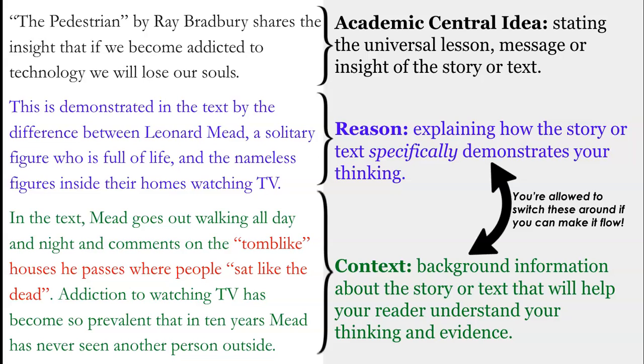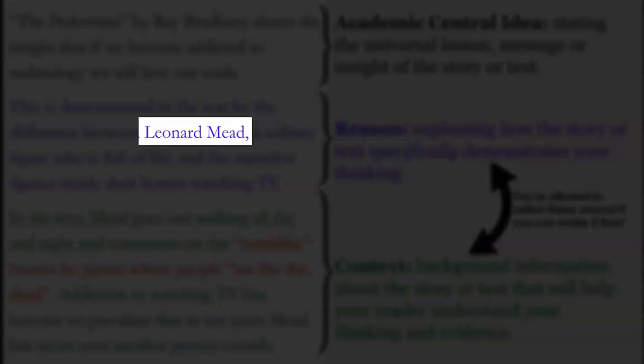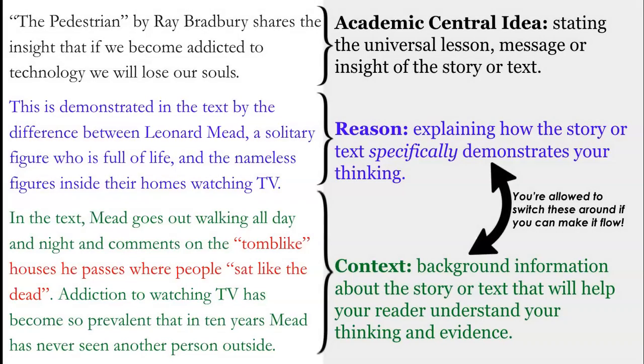And it's shown by the difference that the writer sets up between Leonard Mead, and again, I talked this week about when you're giving the name of somebody, give their full name. So the difference between Leonard Mead, who we know is full of life, and then these people who are in their houses, we never get their names, who are just watching TV.